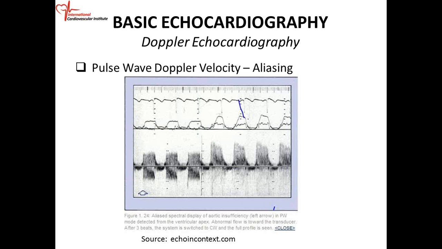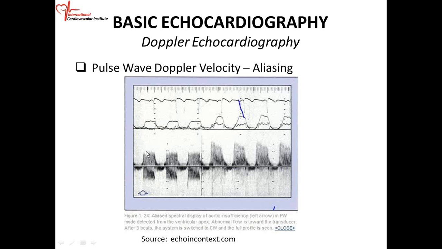So what will happen? If your EKG is on top here, diastole is from the T wave to the QRS, so this is diastole. This would be your aortic insufficiency, your AI, but the pulse wave can only go to 2 meters per second.